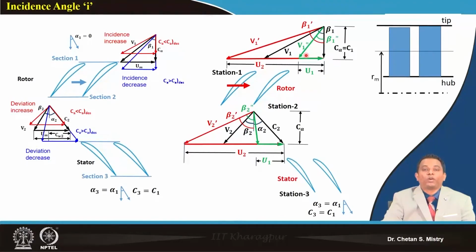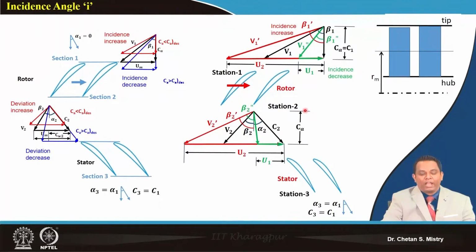In line with what we have understood, if you look at my mass flow rate, it is constant. So in this configuration, we have an increase of my incidence angle when I increase my peripheral speed. In the same way here, my incidence angle is decreasing.